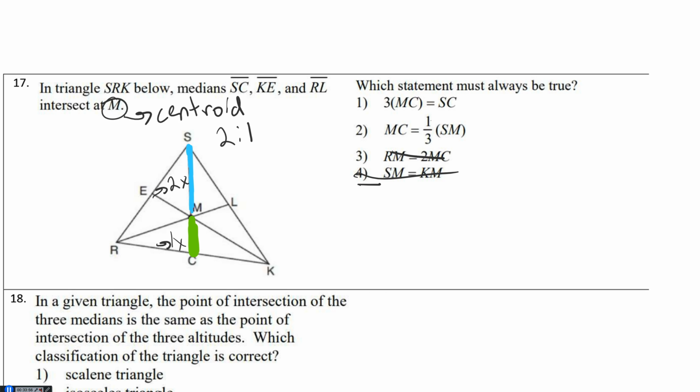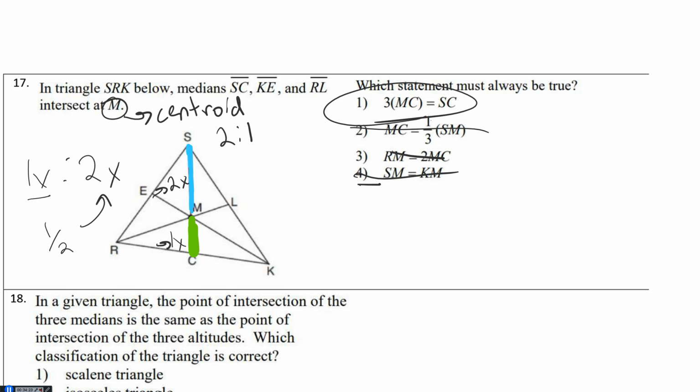Number 2. MC is equal to 1/3 SM. Well, if I compare them, how does 1x compare to 2x? Well, 1x is half of 2x. So it's not 1/3. So just by process of elimination, we could figure out that it's choice 1.